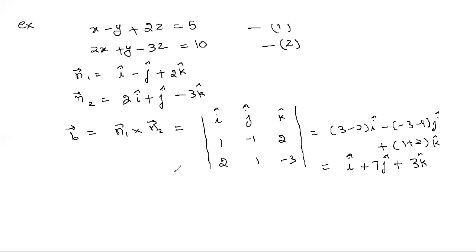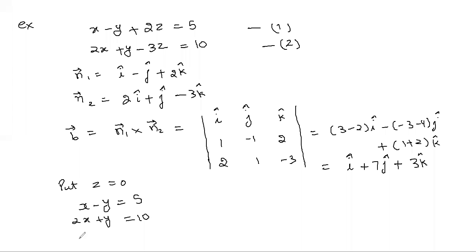Now if we wish to find the equation of the line at the intersection of these two planes, we must arbitrarily set one of the variables equal to a constant value. So let's say z equals 0. It gives me x minus y equals 5, while 2x plus y equals 10.